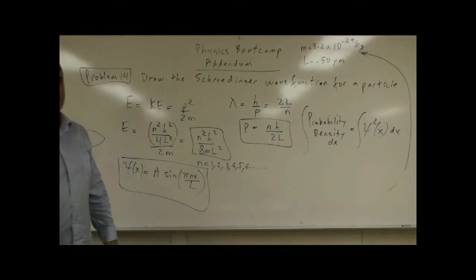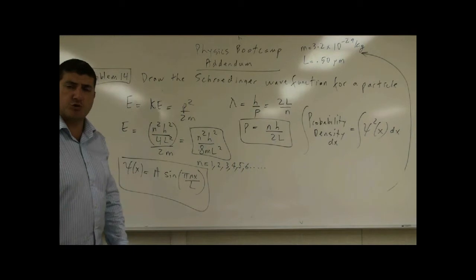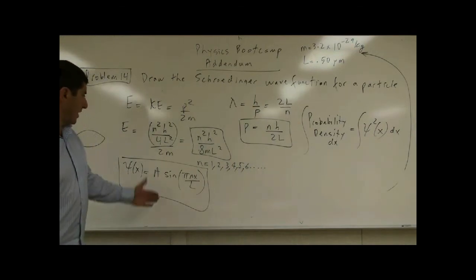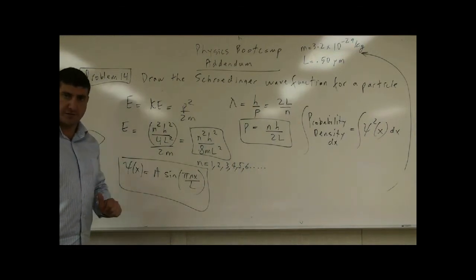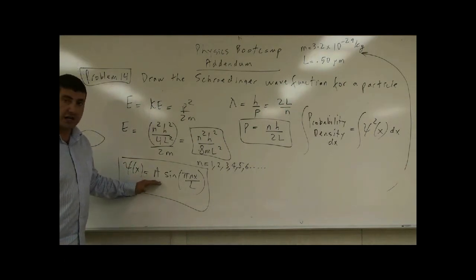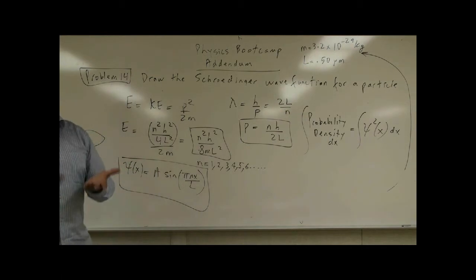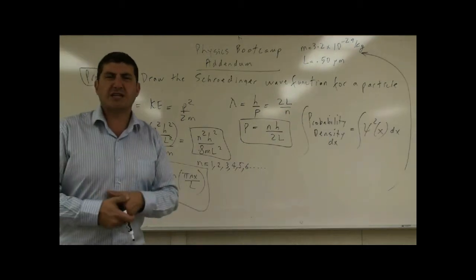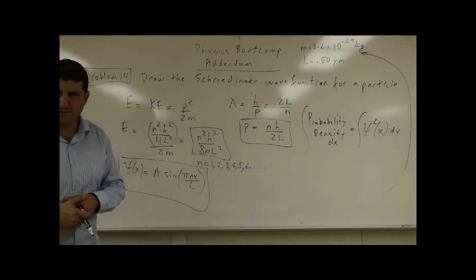Now, you might say to yourself, why is the probability density equal to the wave function squared? Why is it not just equal to the wave function? Well, one way that you can visualize this is that the wave function itself can have positive values and negative values. So it wouldn't make sense for a probability to be negative, okay?